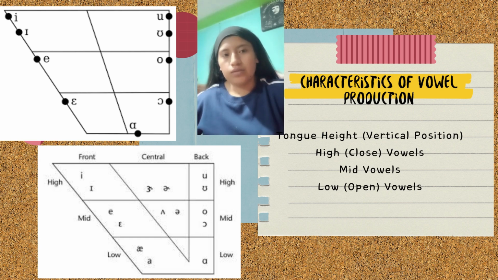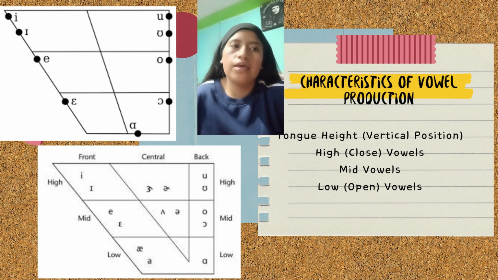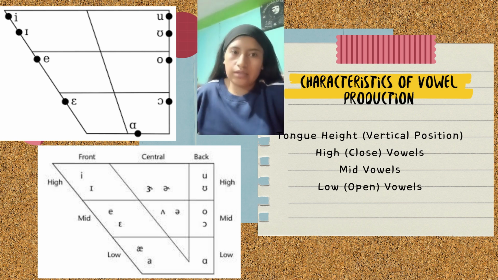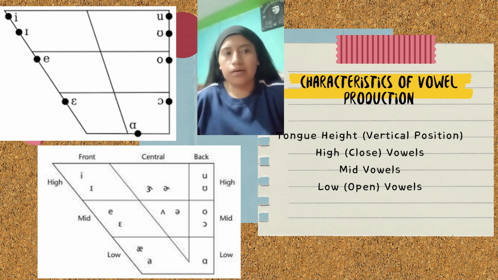The mid vowel: the tongue is in a position between high and low. And low, open vowels: the tongue is lowered, the mouth and the jaw are usually open. For example, in cat.